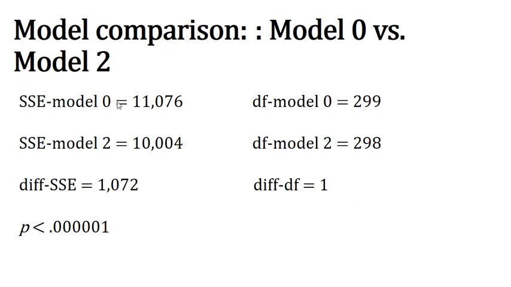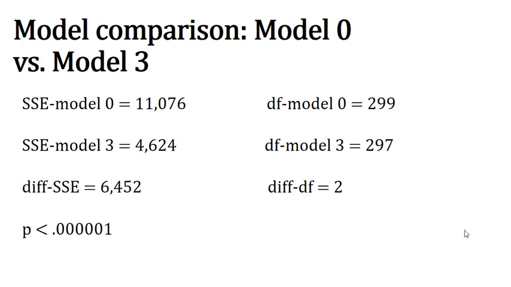We do exactly the same: sum of square errors of model 0 and sum of square errors of model 2, and the degrees of freedom. So we obtain a difference of 1072 and degrees of freedom difference 1. Still, it's very unlikely that they come from a population in which the variance explained by these models is the same. So again, we say that model 2 is better than model 0.